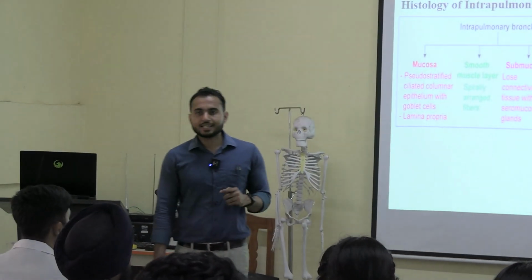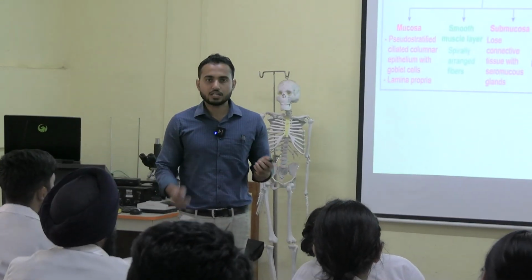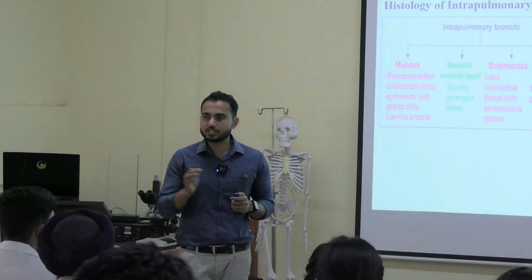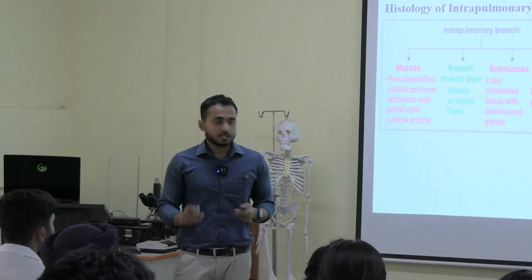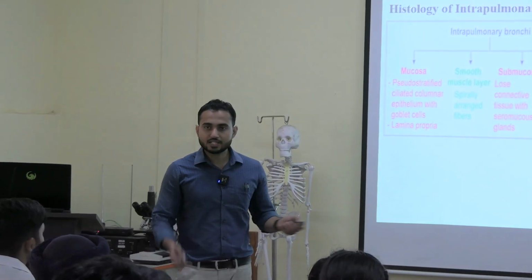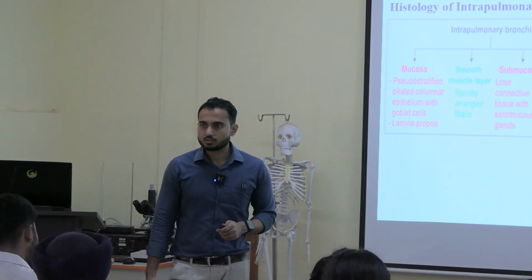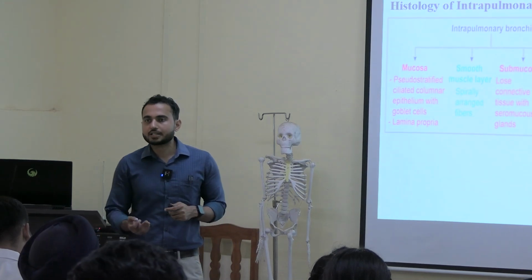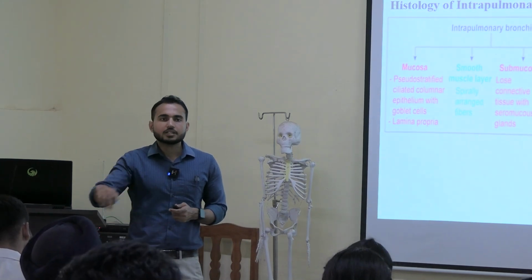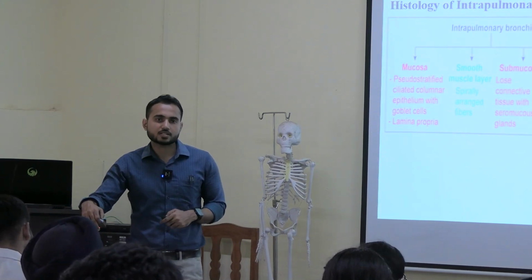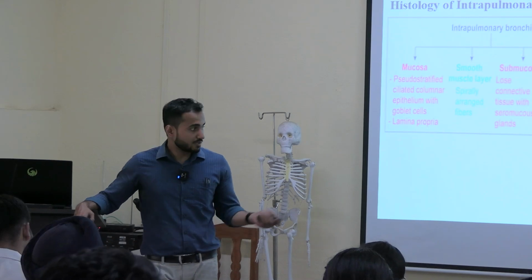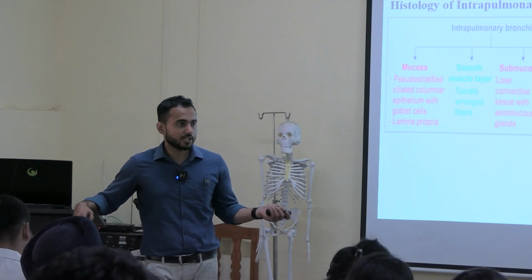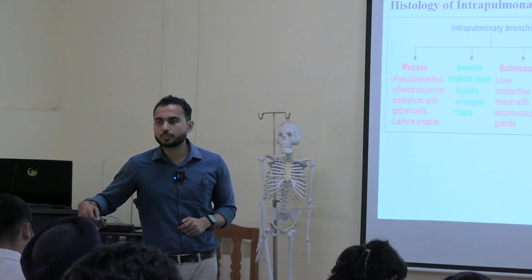So whenever there is any damage to the lung, especially in the bronchioles, at that time this CC16 level in the blood is elevated. So with the help of a blood test, it can be identified whether there is any damage present inside the lung. Okay, this is an important marker to identify whether lungs are acting properly or not.